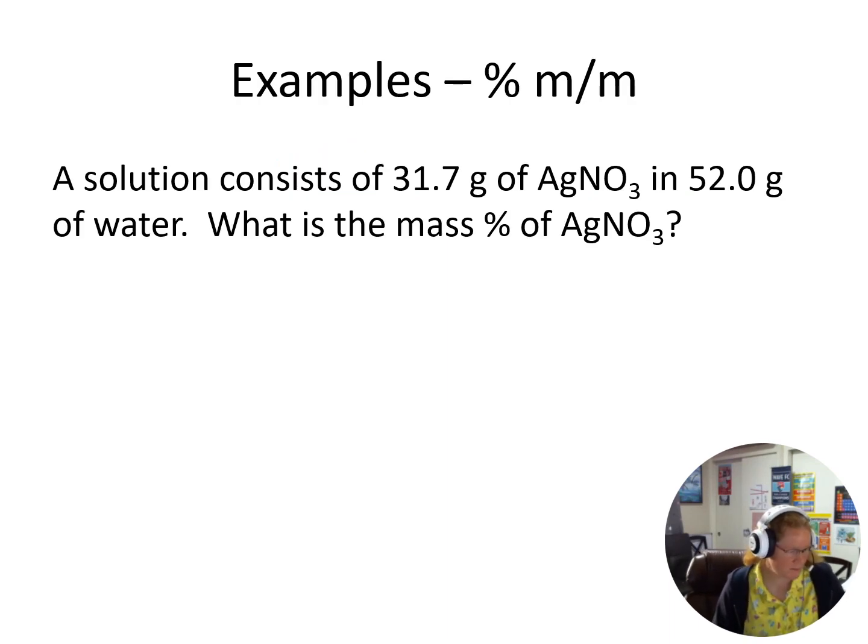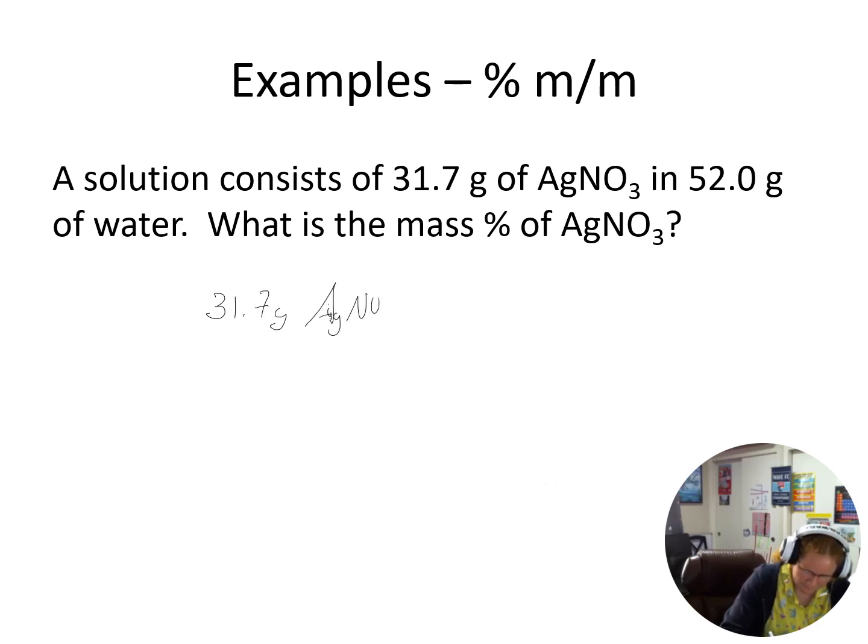All right, now this one, I've got a solution where I have 31.7 grams of silver nitrate in 52 grams of water. Now that 52 grams is not the whole solution. That's just the grams of water. So to get my mass percent, I have to take the mass of my part over the mass of my whole.